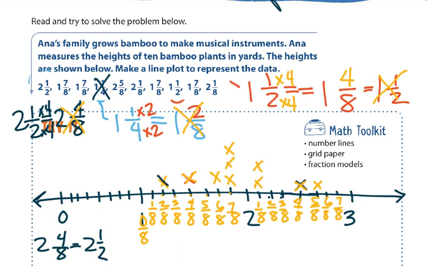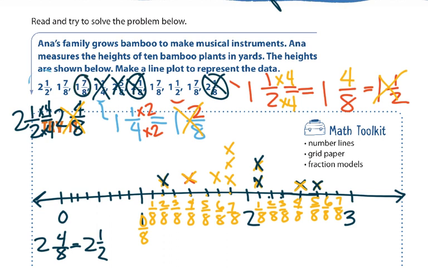1 2 eighths. I'm going to remark that white. 2 5 eighths. I only have one of those. Mark it off. 2 1/8. I have 2 of those. Look, 2 1/8. I have 2 X's there. Cross them off. 1 7 eighths.